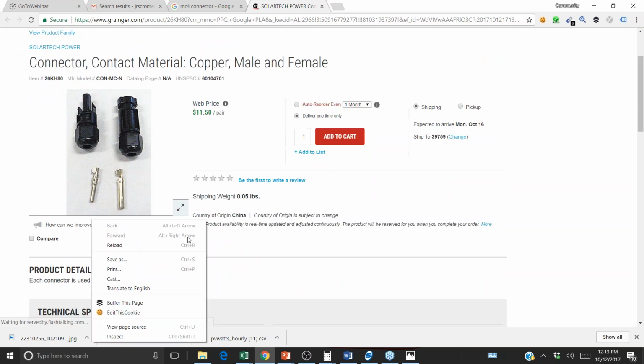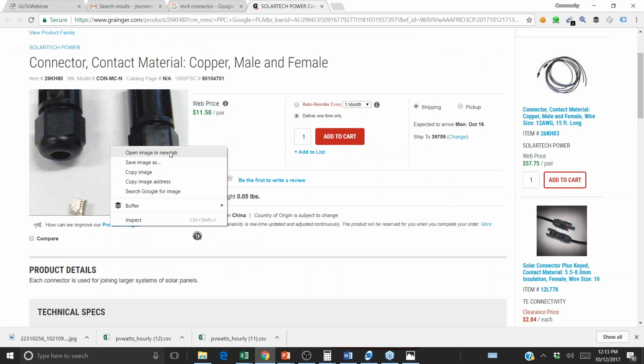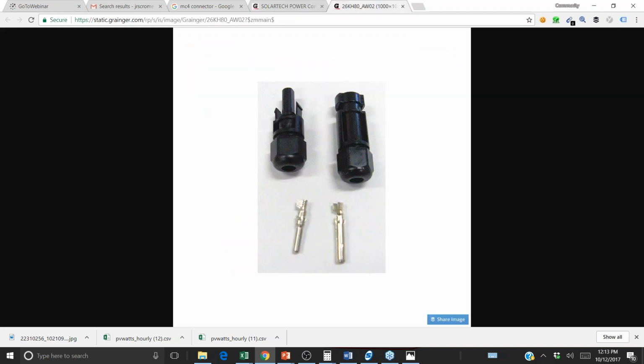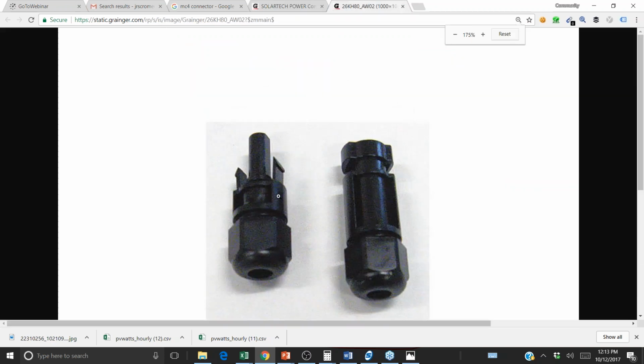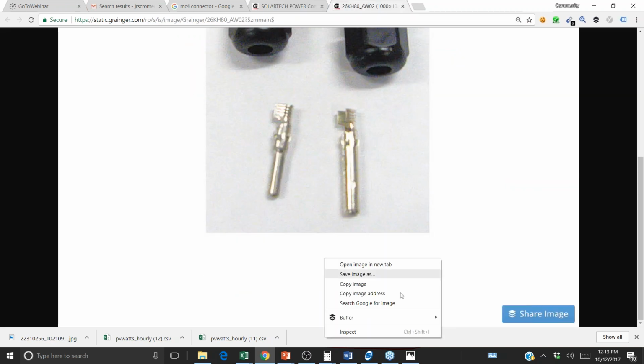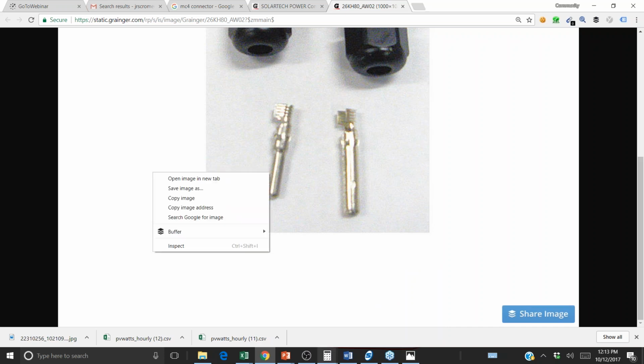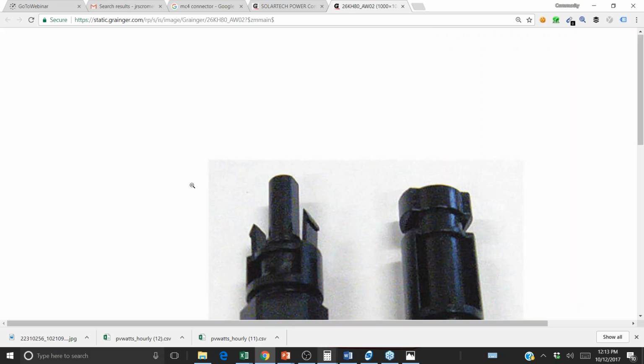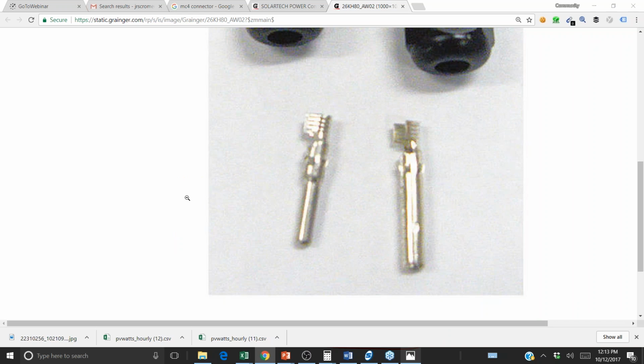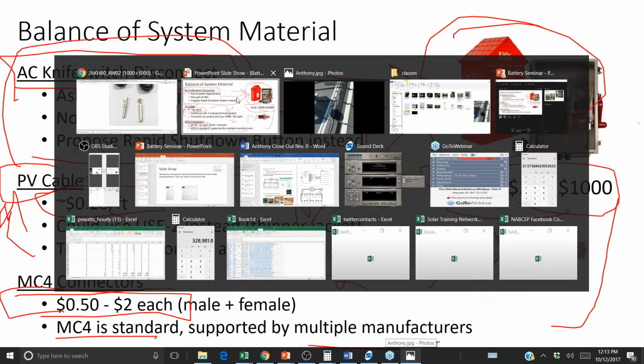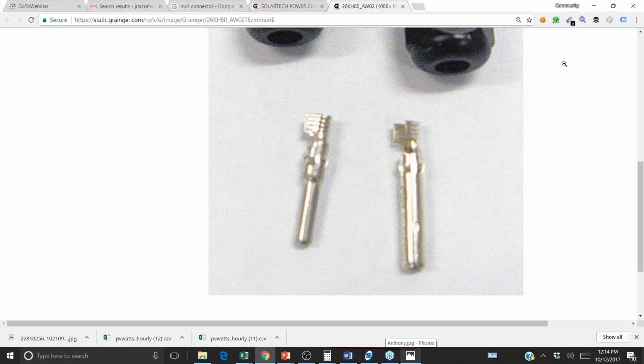So here's an MC4 connector, and I don't exactly know which manufacturer this is. But what you can see here is this little metal piece. I'm trying to pull up my laser pointer here, but I'm having trouble.